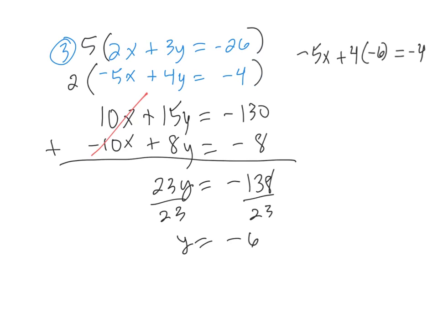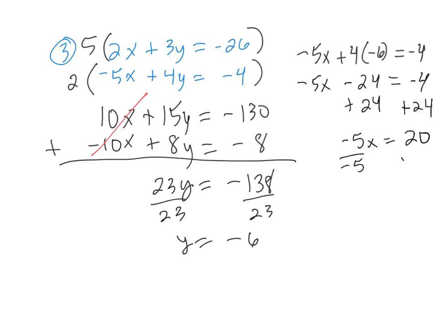We're going to take 4 times negative 6, which gives us negative 24 equals negative 4. Get rid of a minus 24. I'm going to have to add 24 to both sides. Negative 5x equals negative 4 plus 24 will give me 20. My last step is always divide by the number with the variable. X equals negative 4. So my solution to this one is negative 4, negative 6.